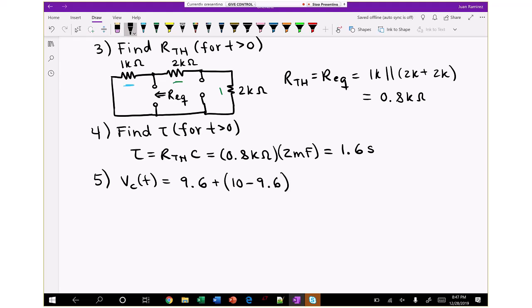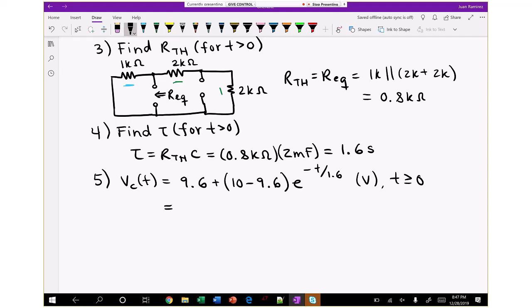All that times e to the negative t over tau, which is 1.6. And that's going to be in volts for time greater than or equal to 0.